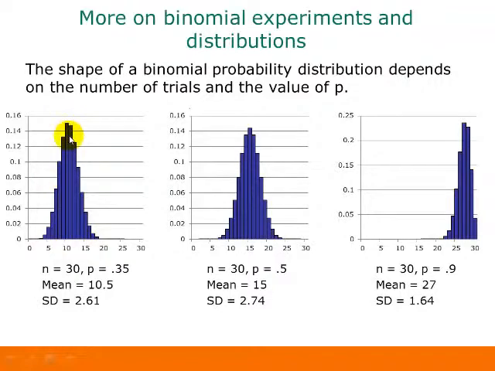You can see that the distribution is skewed to the right a little bit because there's a longer tail on the right side and more of the data is actually on the left. So our mean for this distribution is 10.5, and that again is not exactly in the middle between 0 and 30, but it's a little bit to the left of the center. And our standard deviation is 2.61.